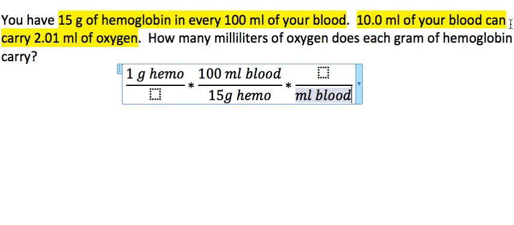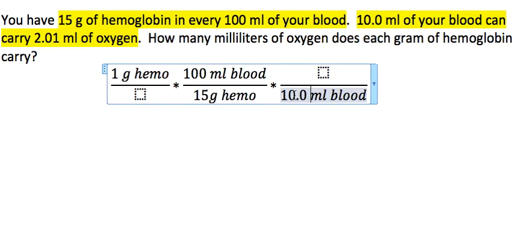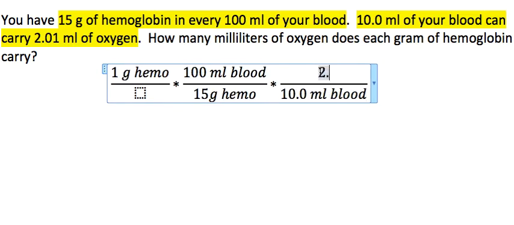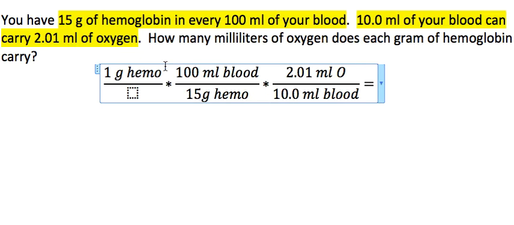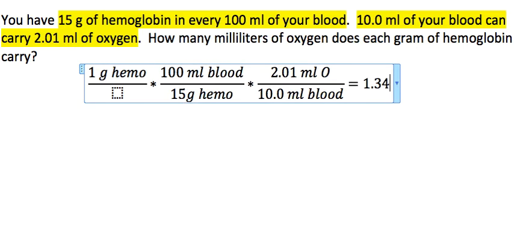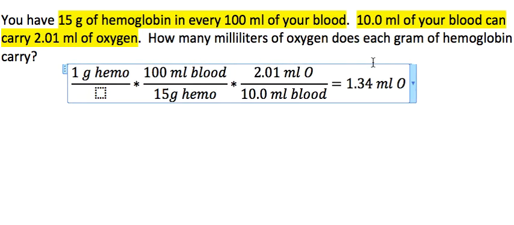And I see 10 milliliters of blood carries 2.01 milliliters of oxygen. So I'm going to put 10 down here and 2.01 milliliters of oxygen on the top. And now I'm already in the unit that I need. Again, I'm going to multiply everything across the top and divide everything that's on the bottom. And my calculator tells me 1.34 milliliters of oxygen.